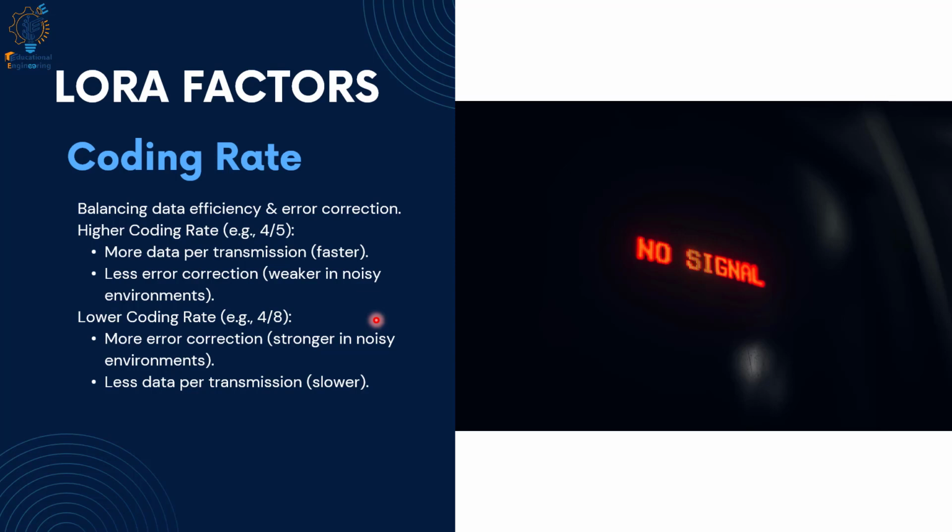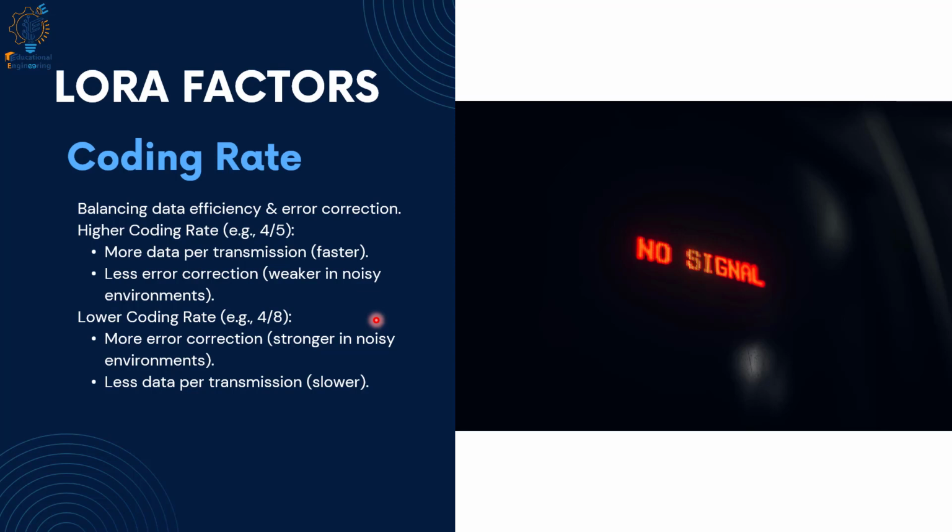Fewer data bits are included in each symbol, leading to slower data rates. More overhead. A larger portion of the signal is dedicated to error correction, which might increase the power consumption. So you need more time to transmit your full message.